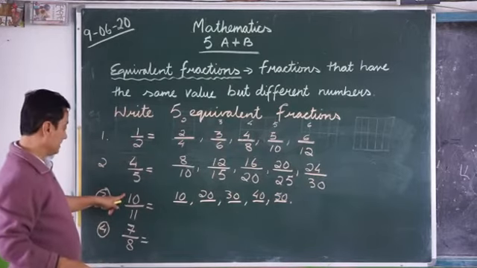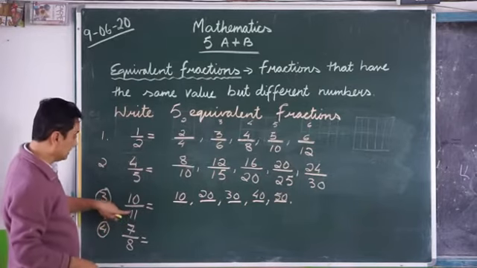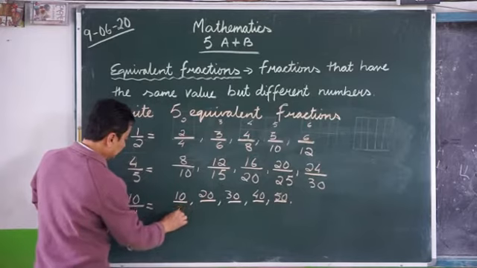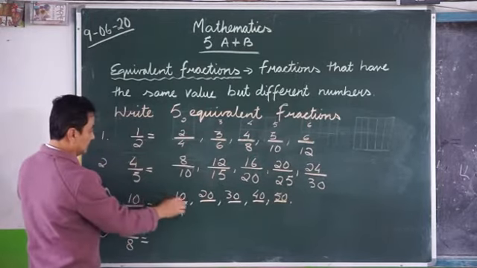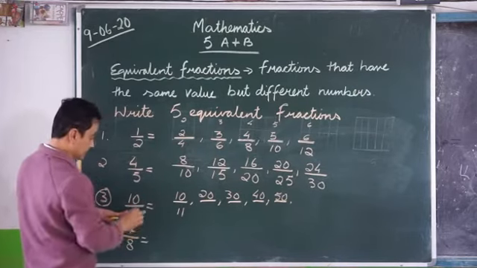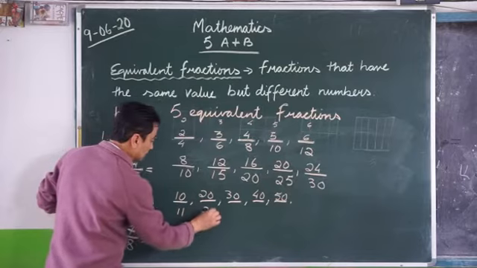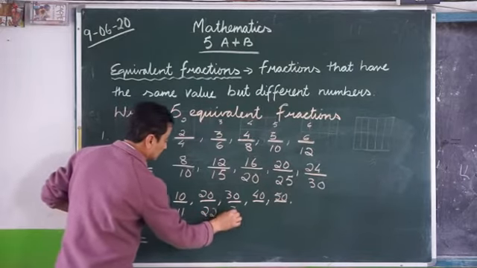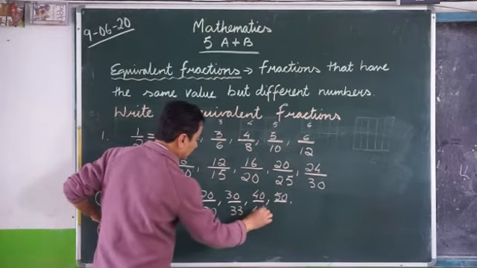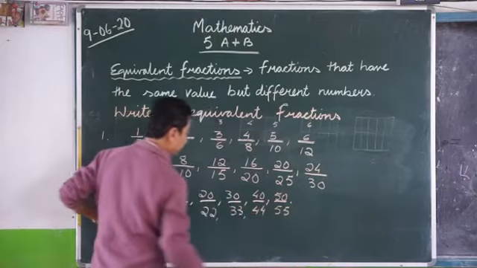Now let's multiply with 11. 11 ones are 11. I have written the same fraction here, but here I have written different. I could have started with 20. We'll do that here. 11 ones are 11. 11 twos are 22. 11 threes are 33. 11 fours are 44. 11 fives are 55.